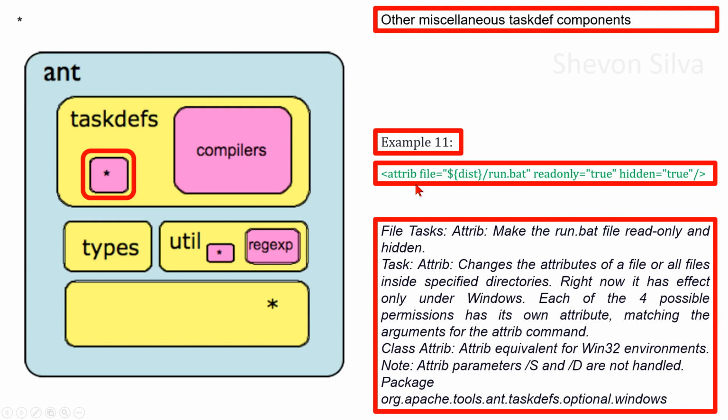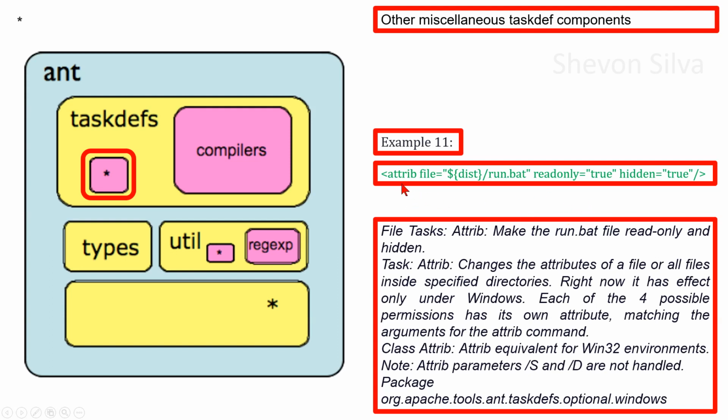The task attrib changes the attributes of a file or all files inside the specified directories. Right now it has effect only under Windows. Each of the 4 possible permissions has its own attribute matching the argument for the attrib command.